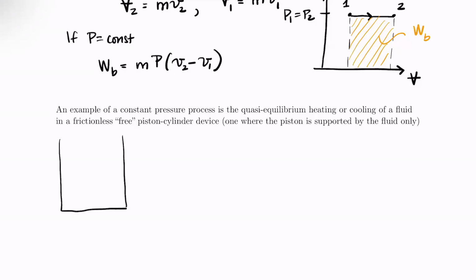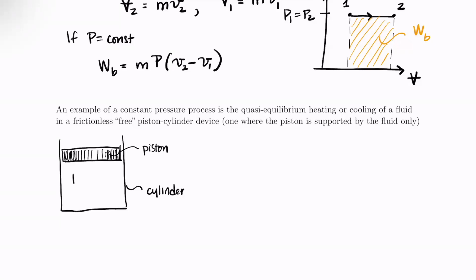So we essentially have, this is our cylinder, and then we have our piston in here. And you'll notice I haven't drawn anything connected to it. It is solely being supported by the fluid inside of the cylinder, okay?